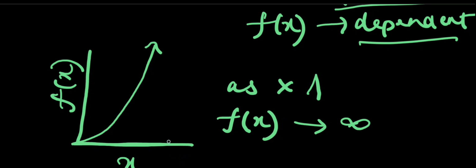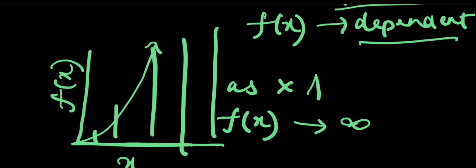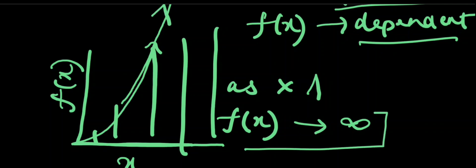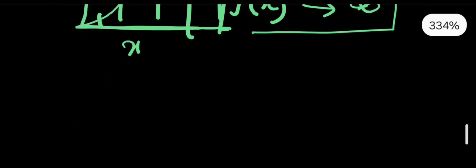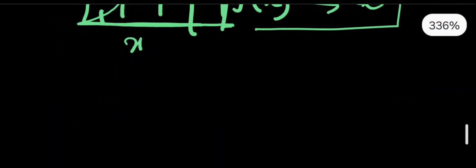We can see that this line will go more and more ahead. So as x value keeps on increasing, f of x will approach infinity, as we can tell from here. I just wanted to make that clear, as this would clear the concept of functions for many people.